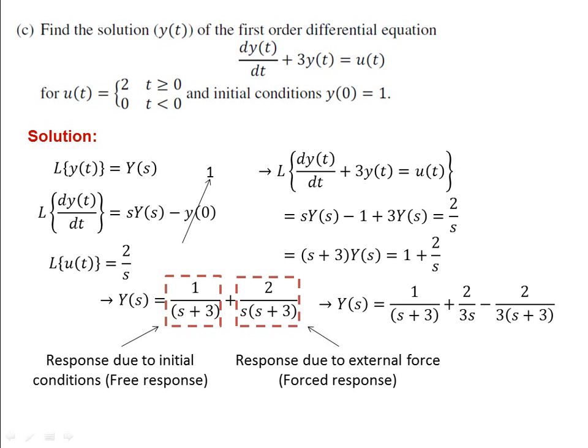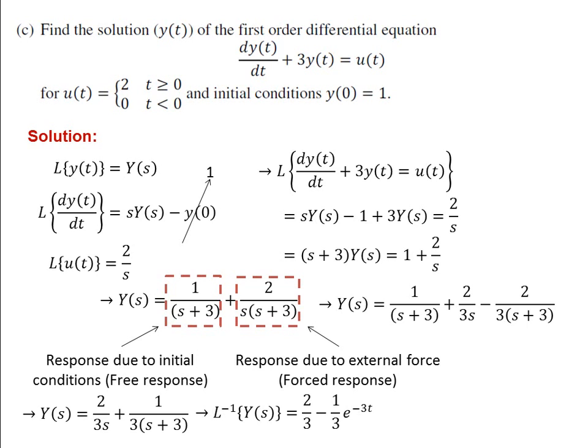If I use the table for the Laplace inverse transformation and simplify, I will find the inverse of Y(s), y(t), is equal to 2 over 3 minus 1 over 3 e to the minus 3t.